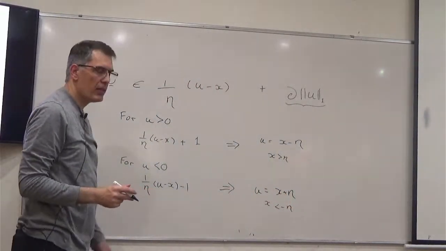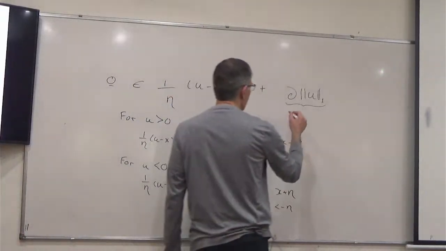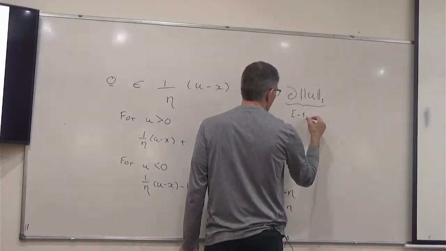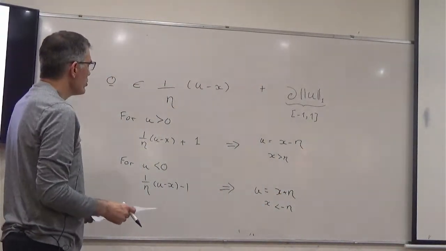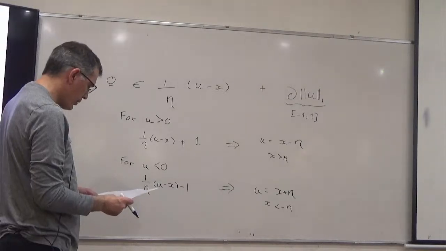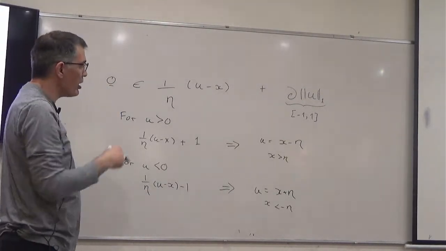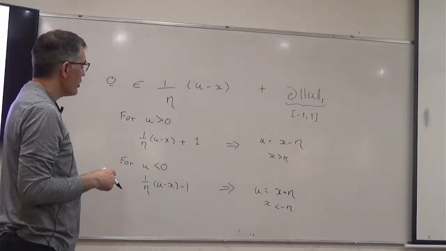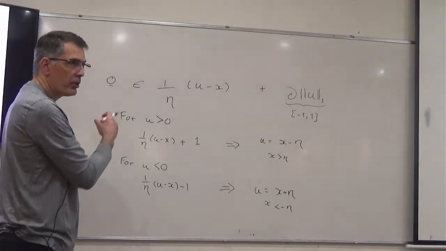What is the set that it becomes? Minus 1 to 1. So then I have that 1 over eta times u minus x plus the set minus 1 to 1 should contain 0.